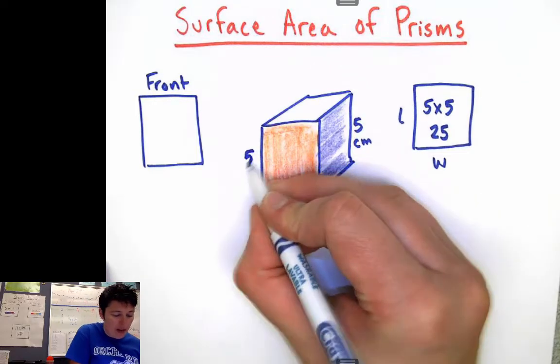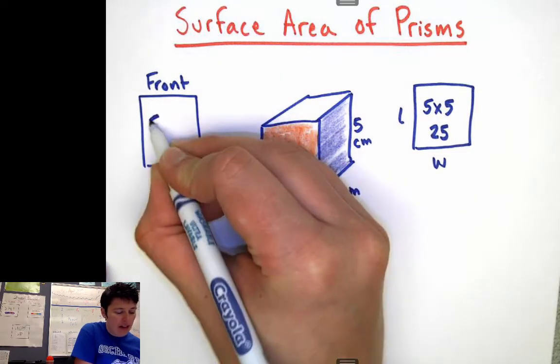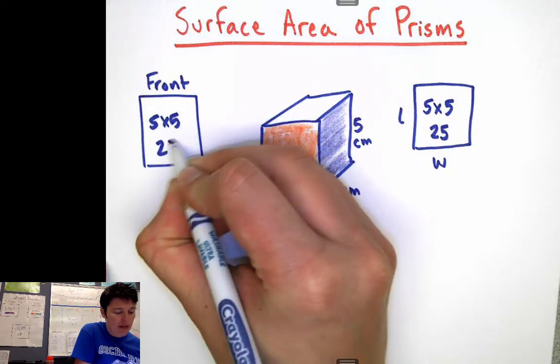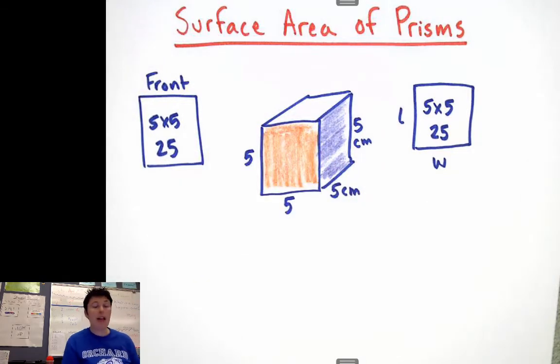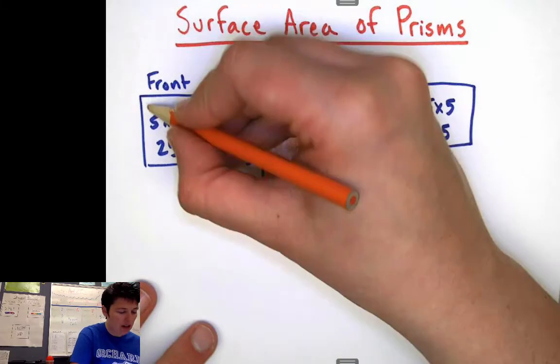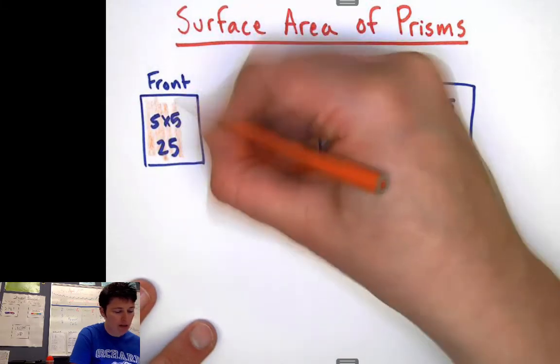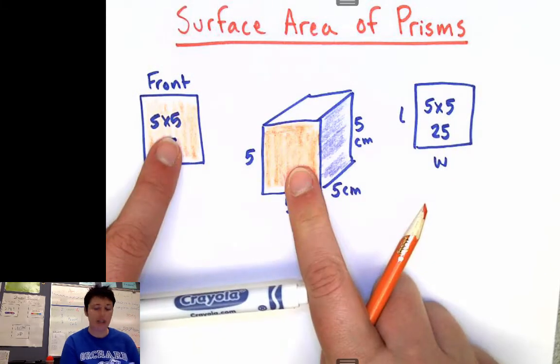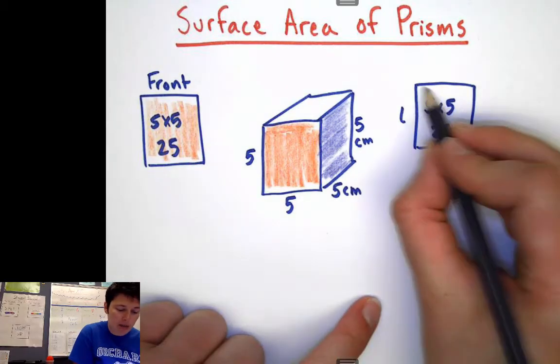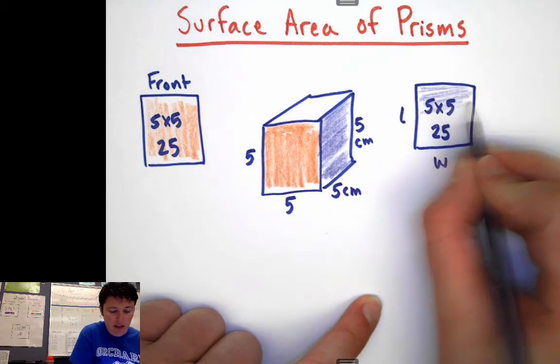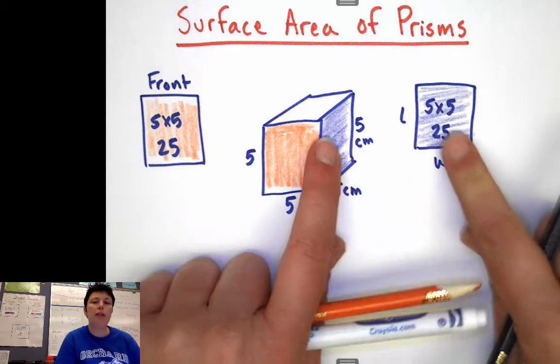It's a 5 by 5. So 5 by 5 has an area of 25. Same thing. Now to help myself kind of keep coordinated on this, I'm going to color this in orange so I remember that one was the front matching this face. I'm going to color this one in with my purple-blue color so that I remember that these two match.